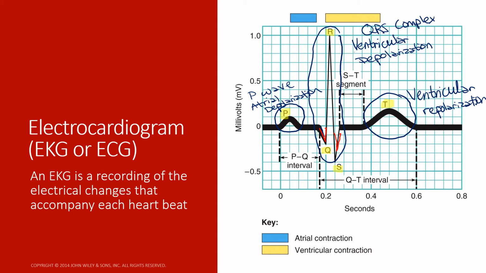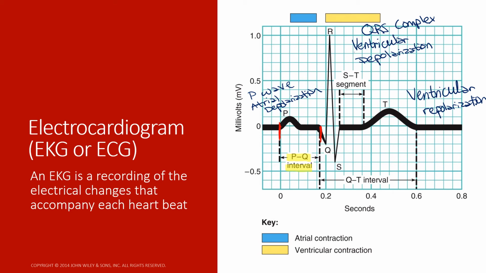Now, on a typical EKG, we also want to look at measuring the time spans between waves. These are called intervals. So the first interval we're going to look at is called the PQ interval. And this is the time from the beginning of the P wave, right here, to the beginning of the QRS complex.